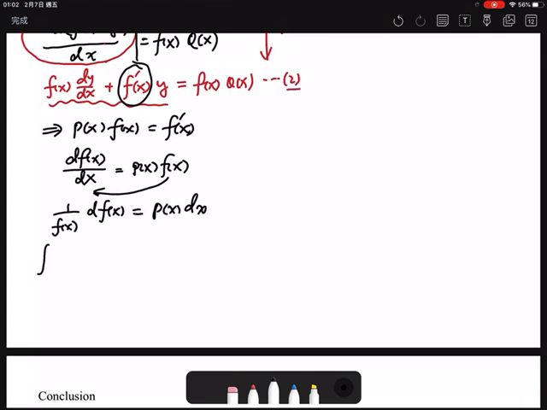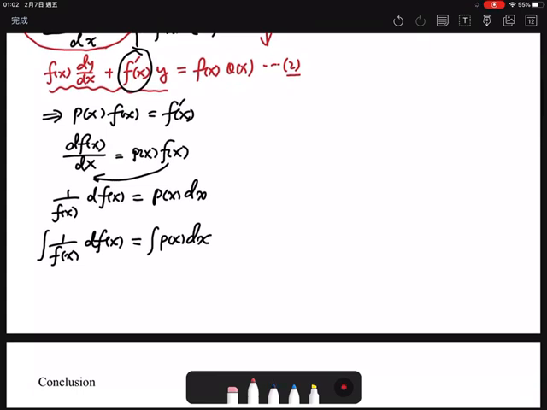Now if we do integration on both sides, look at the left-hand side.